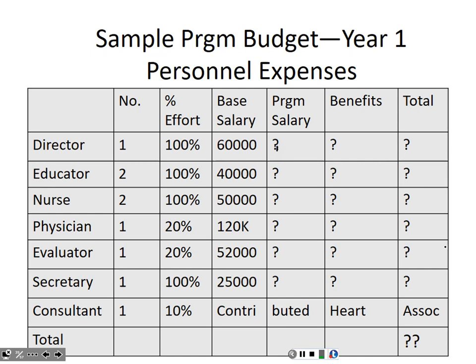Remember, there's 2 of each. So you need to double their total. Program salary and benefits, but just make sure that they reflect the fact that you have 2 educators and 2 nurses. Yes, that's what we're saying. And then this 14, because you double it.